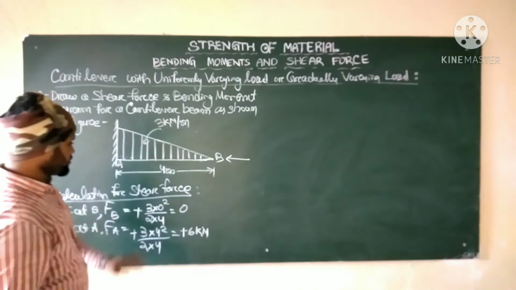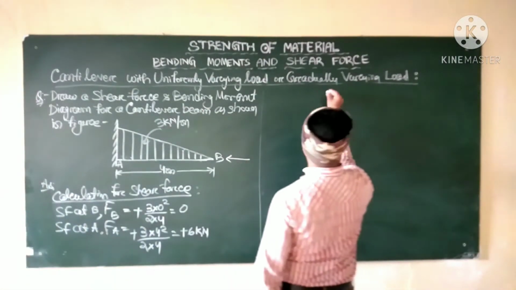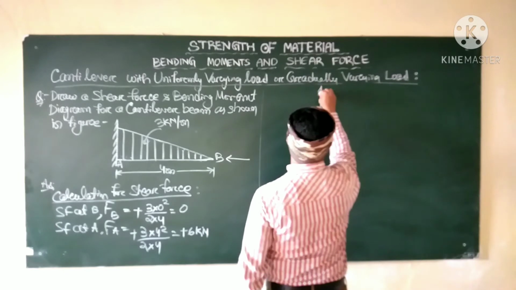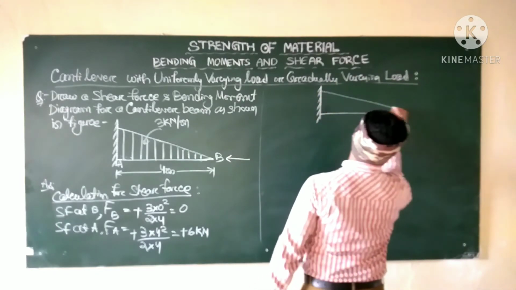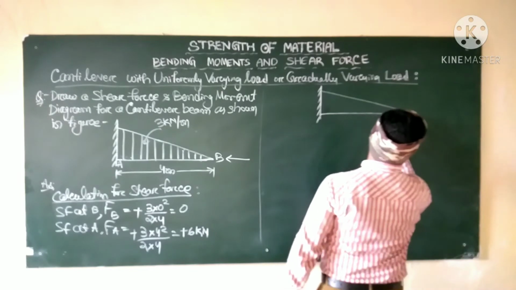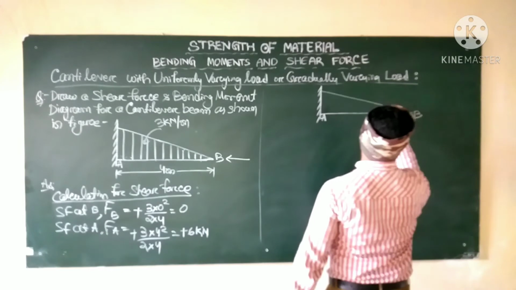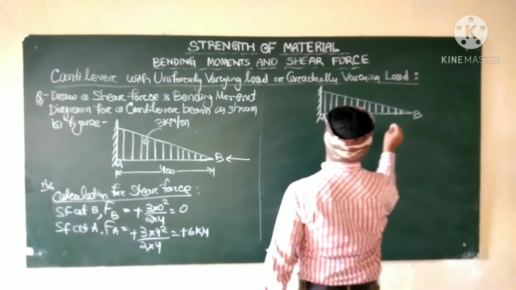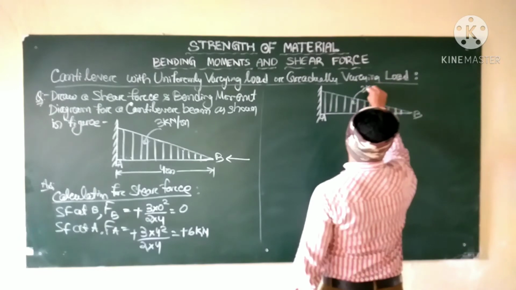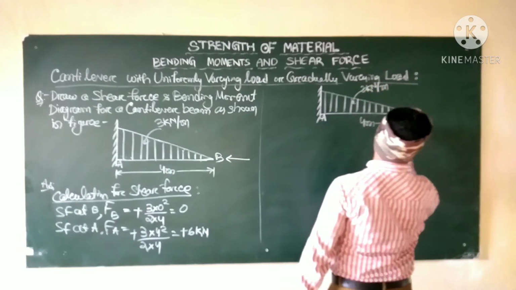So now we will draw the shear force diagram. For that, first we will draw the beam, A, B, with load in kilonewton per meter, length is 4 meter.